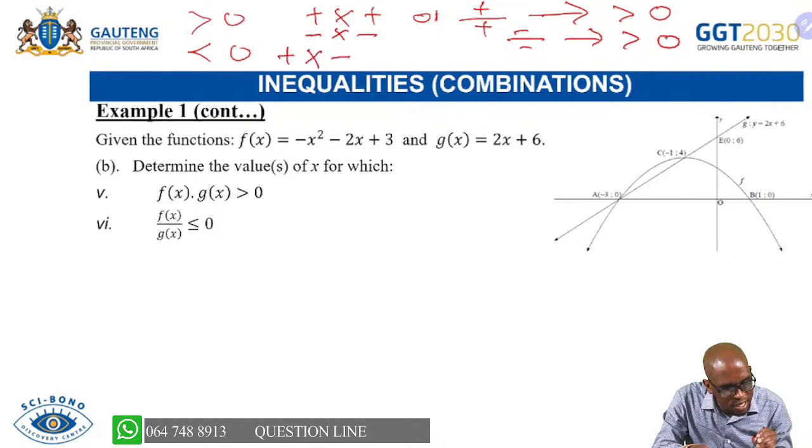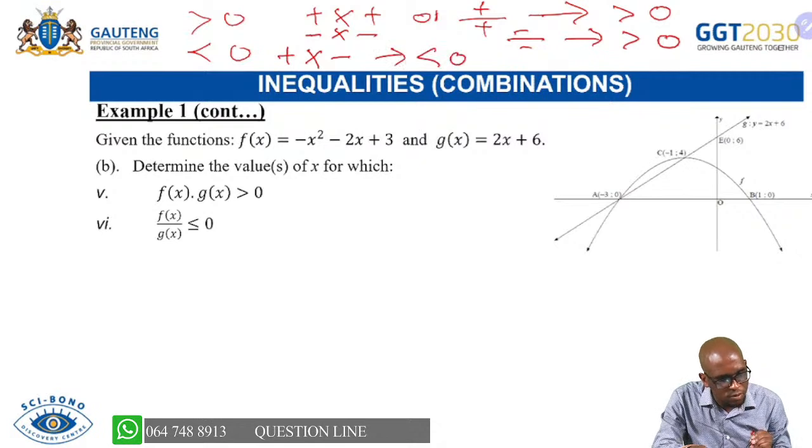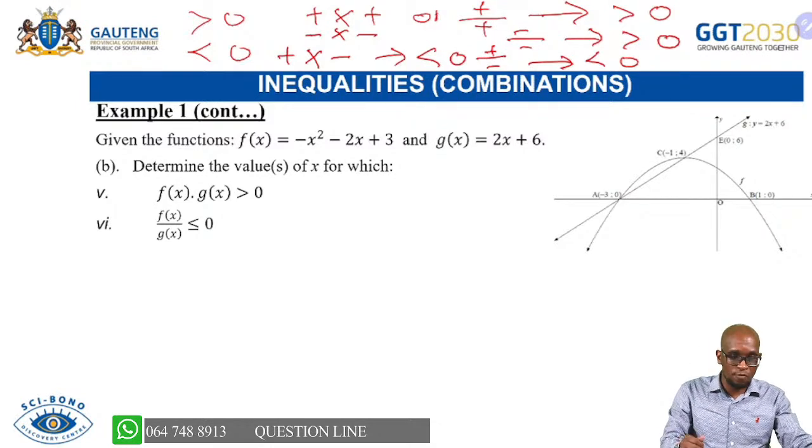Positive times negative would always give you a negative. And positive divided by negative would always give you a negative. So that is what we will focus on. That is the combined effect. We're going to check whether the graph is positive or the graph is negative. But it's not on its own.